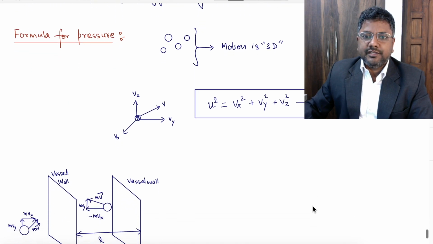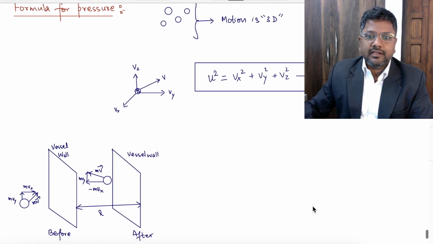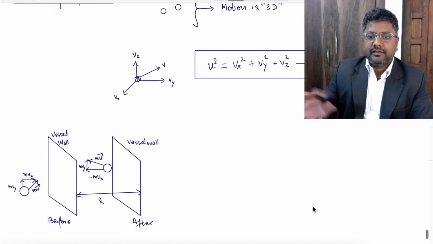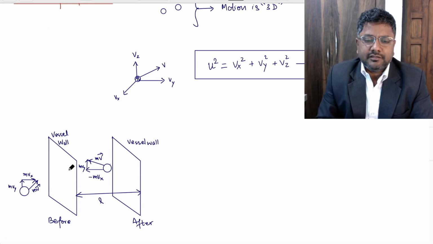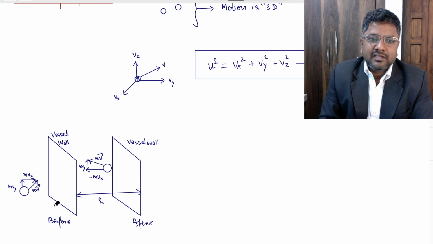Now see, I am considering a rectangular vessel, and this is the wall, the vessel wall. This is another wall; I have shown these two opposite walls here. The length between these two walls is L, and this is the situation of the gas molecule before collision. This is a gas molecule.